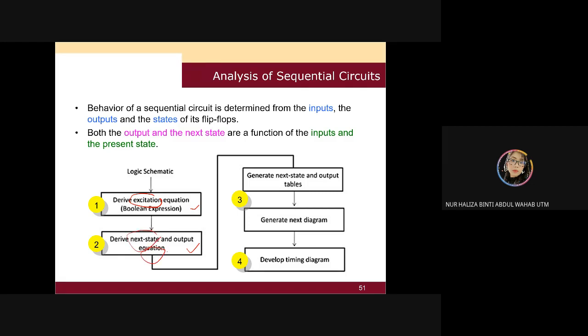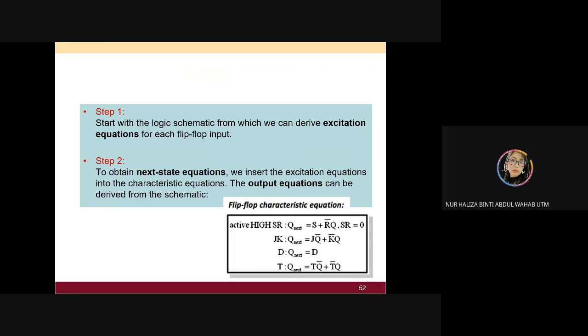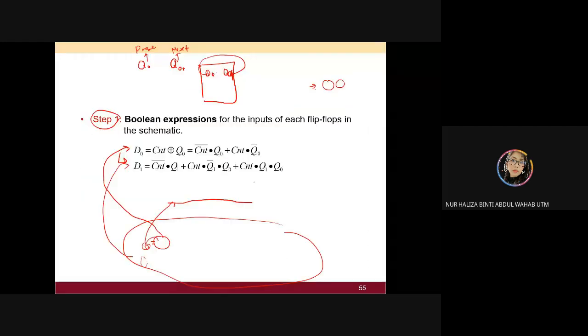After you get both equations, you go on to generate the next state table. Then you can come out with your state diagram, which is step number 4, or even develop the timing diagram. So that is the process.